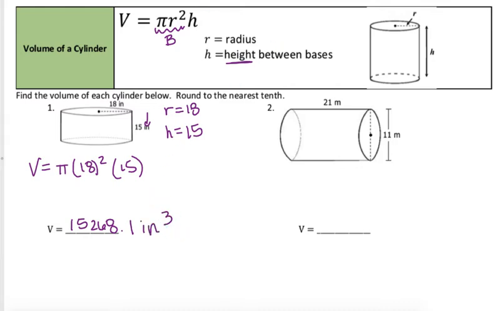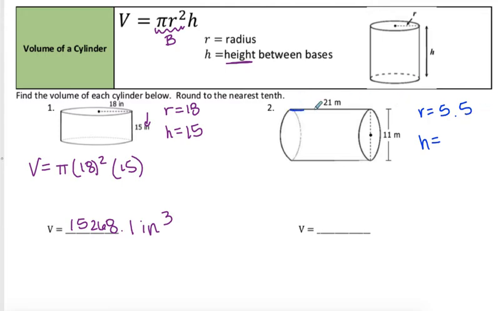On the second one, number 2 here, looking at a cylinder, I have circular bases. So I need to find a radius and I need to find a height. All right, so I know they're giving us this entire distance. 11 is a diameter. It's going not just to the center, but all the way through, edge to edge, through the center. So if I cut that in half, that will give me my radius of 5.5.